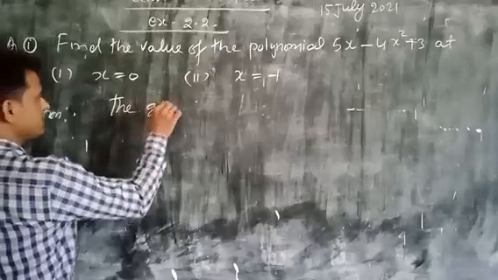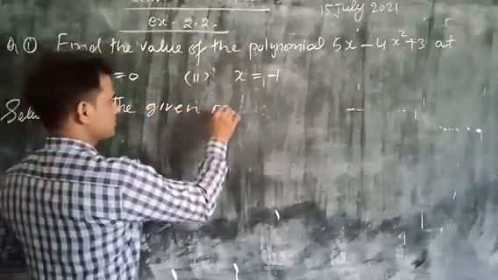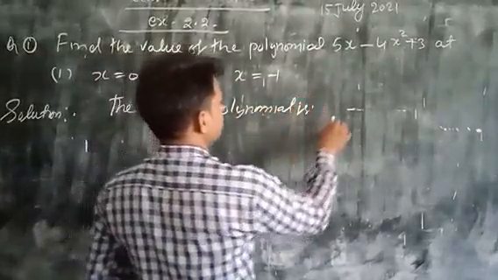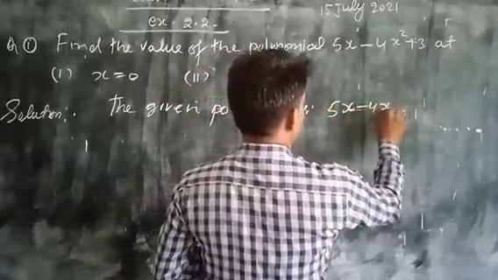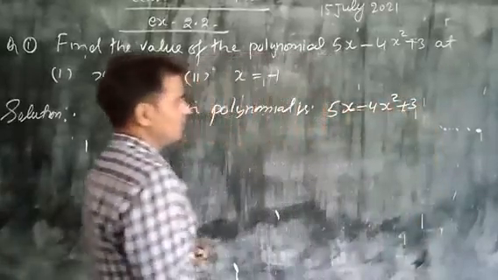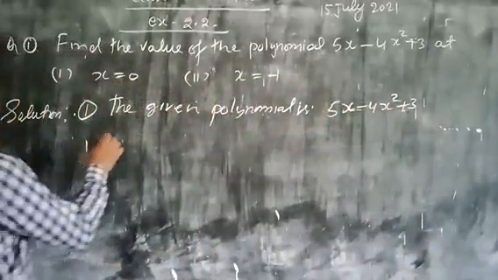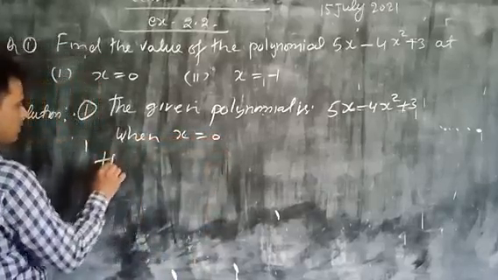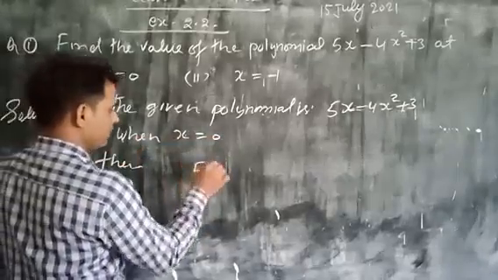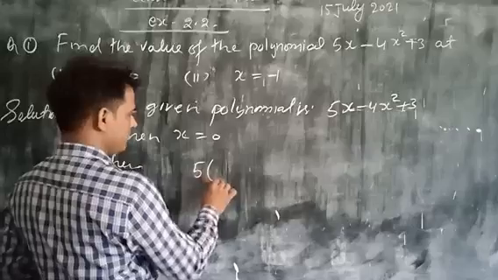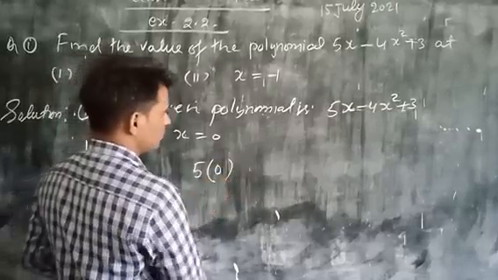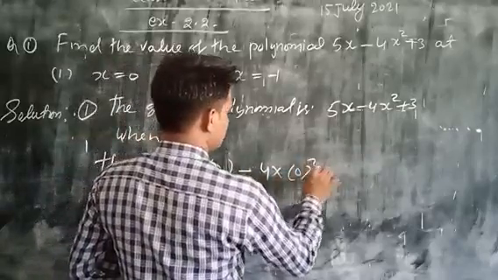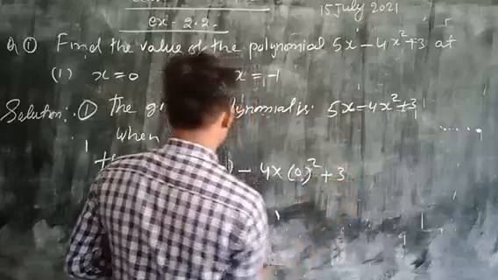The given polynomial is 5x minus 4x square plus 3. Number first, when x is equal to 0, the value of the given polynomial is 5 into 0 minus 4 into square of 0 plus 3.